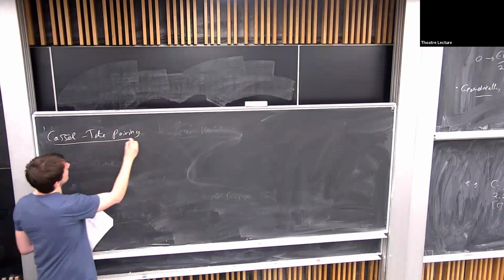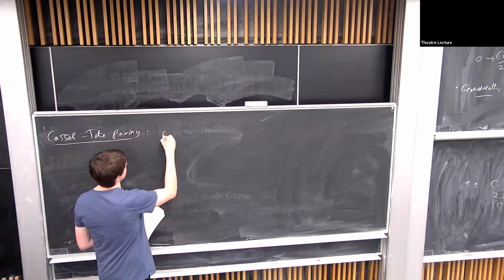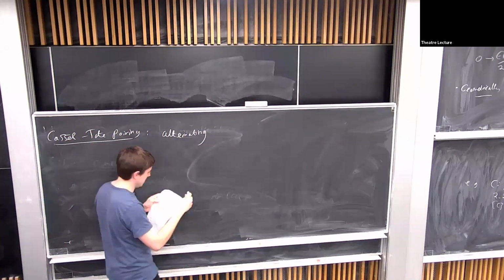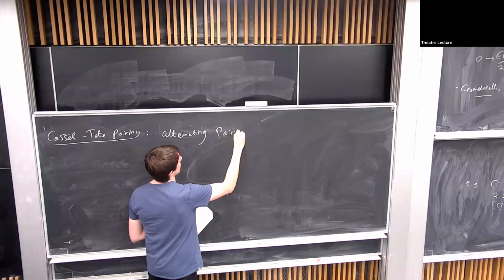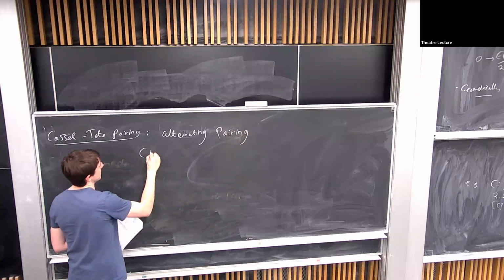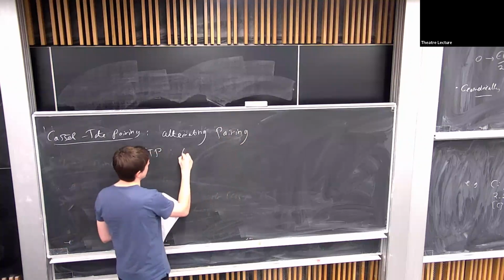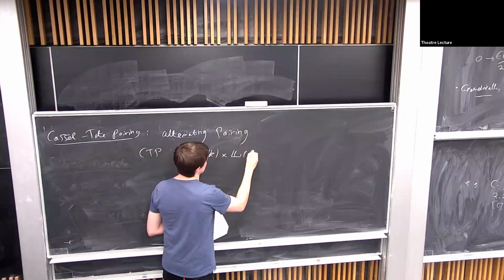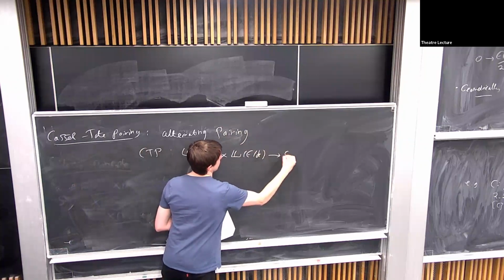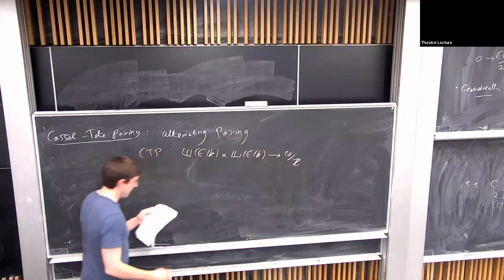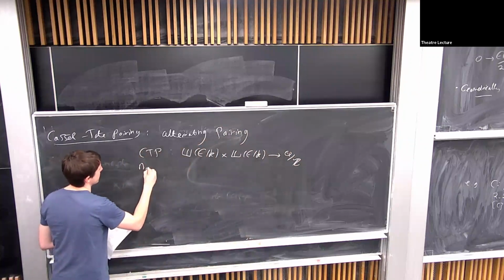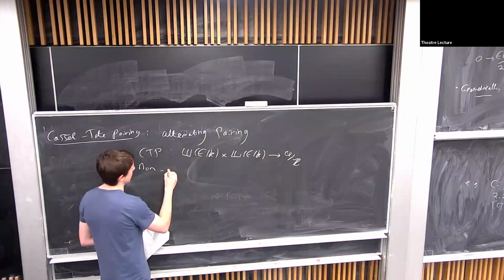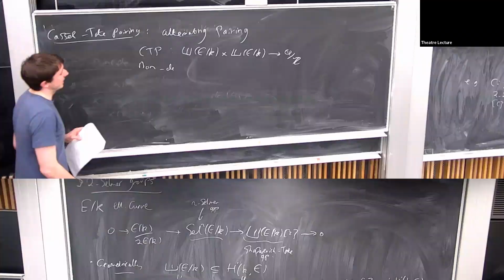So this is an alternating pairing on the Shafarevich-Tate group, which I'll denote CTP, the Cassels-Tate pairing, valued in Q mod Z. And it can be shown that the kernel is the maximal divisible subgroup of the Shafarevich-Tate group. In particular, if it's finite as expected, then this pairing is non-degenerate.